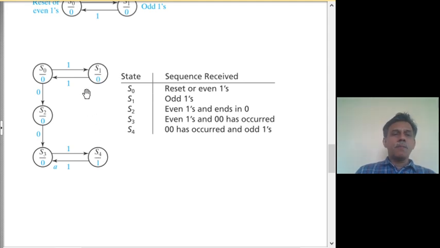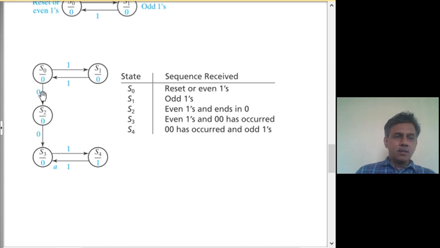How do we go from the partial state graph where the condition is not met to the state graph where the condition is met? 2 consecutive zeros. So that we can find out by creating this. Suppose we are in S0, which is the even state.